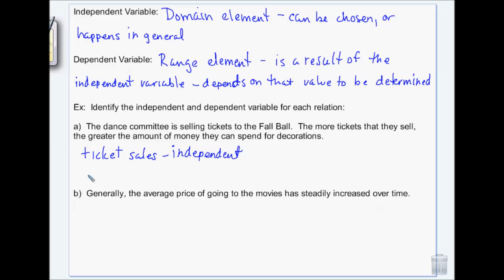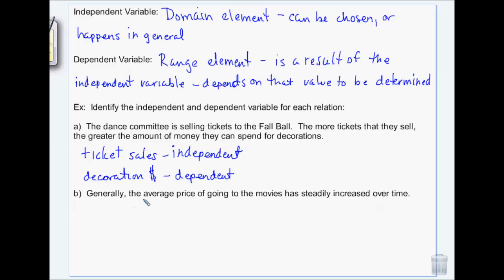And then the decoration money, that's dependent. Because you're right, they're going to sell the tickets anyway. How many they sell and how much money they get determines how much decorations they can have.